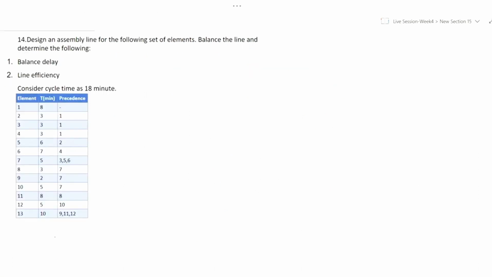Now, here we are given the cycle time, and we have to design an assembly line for the following set of elements. We are given the element, time and precedence. So we just have to follow the procedure. There is nothing difficult in this. Now let's take the first element.